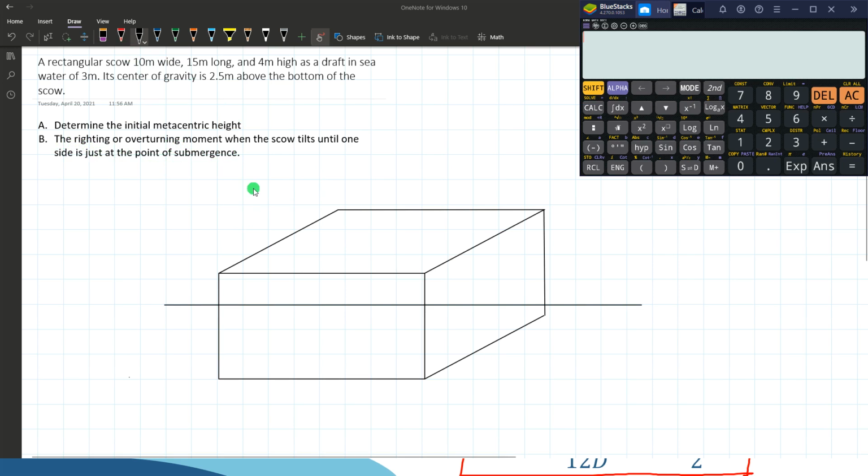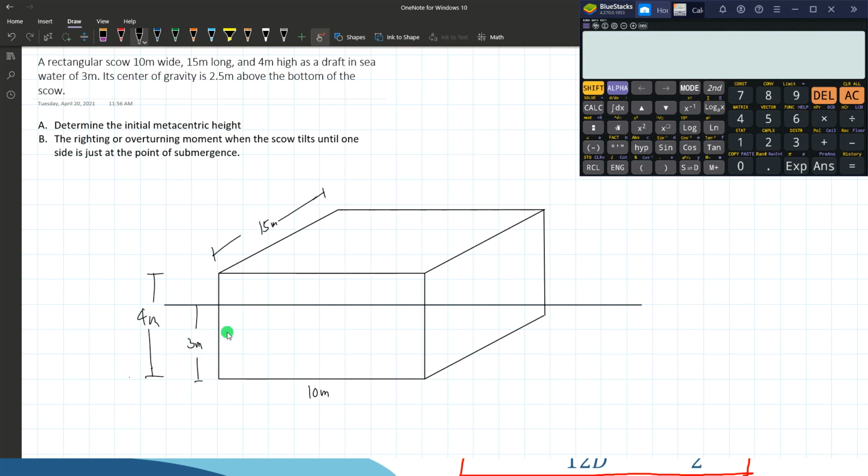So first, let's write down the given. We have a 10-meter width, 15 meters in length, and 4 meters height of the rectangular scow. The draft in seawater is 3 meters.